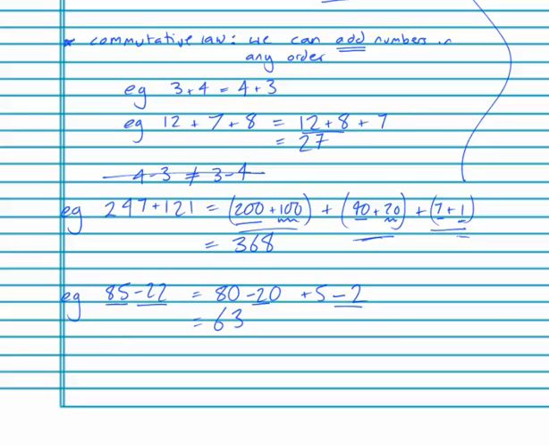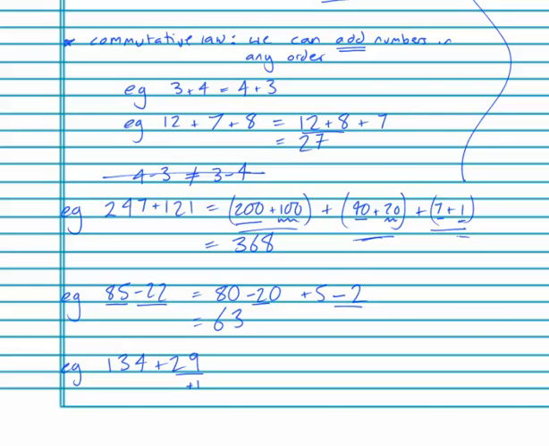We can also sometimes compensate. If we're really close to adding or subtracting a nice easy number, so for example, I've got 134 plus 29, it's really easy to add on 30 there. If I added on 30, 134 plus 30, I'd get 164. To get this one to be 30, I've just got to add 1.